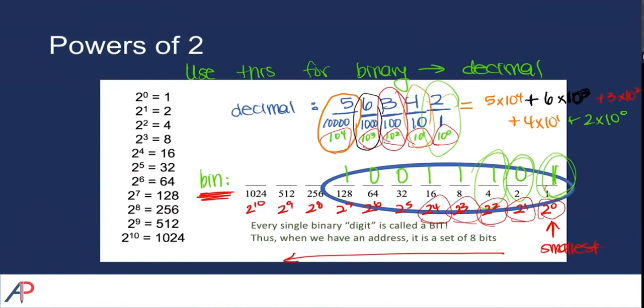That's how you could expand that number. And these two will be exactly equivalent.